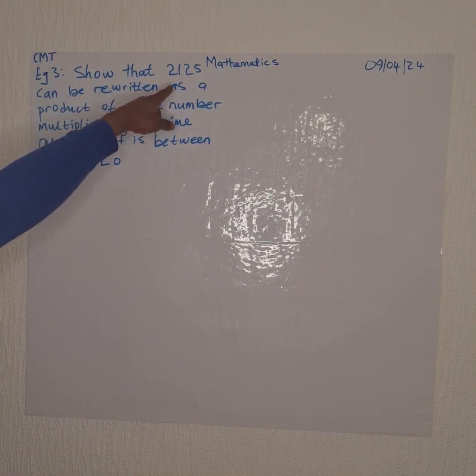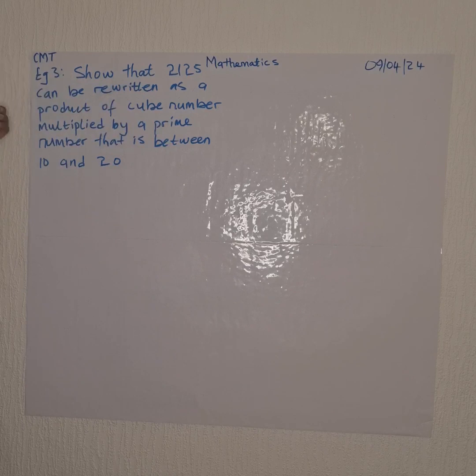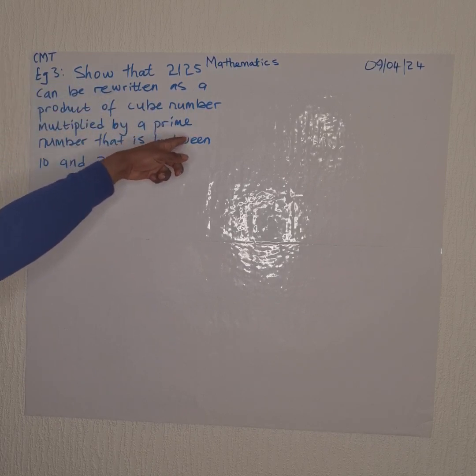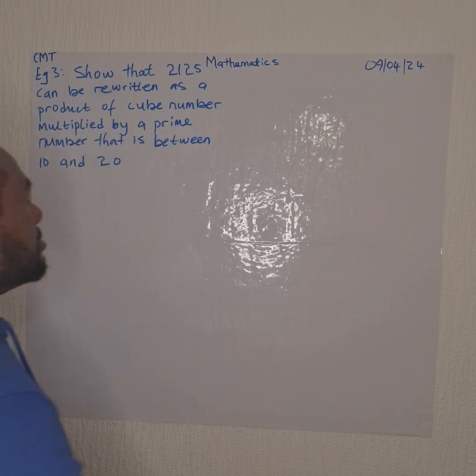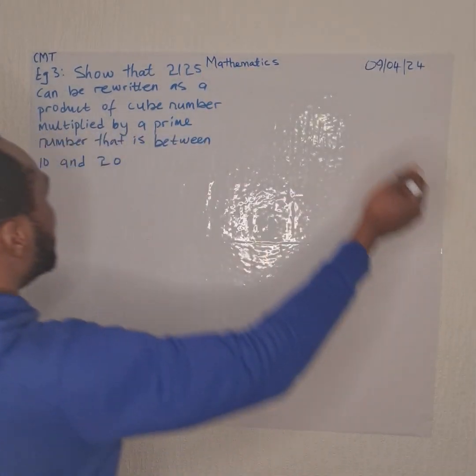Show that this figure 2125 can be written as a product of a cube number multiplied by a prime number that is between 10 and 20. It's very simple.